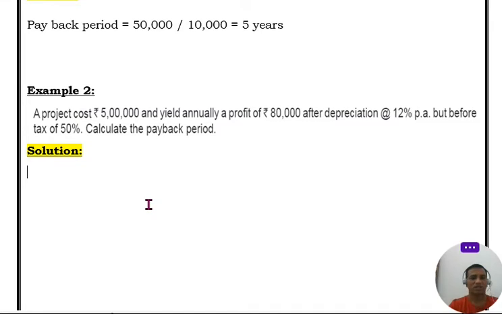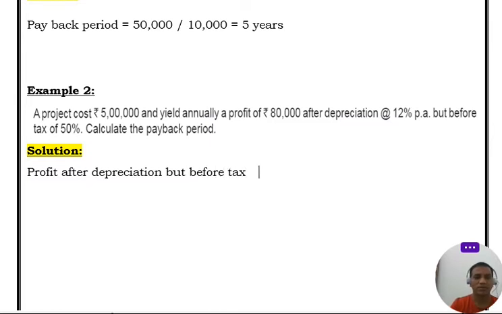How? Let us start. What is given in this question? Profit after depreciation but before tax is equal to 80,000. So depreciation is already deducted, but tax is not deducted.